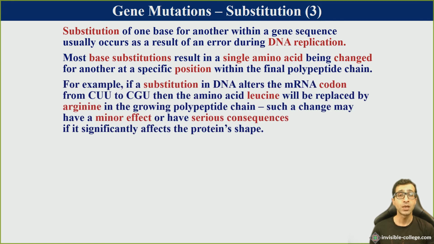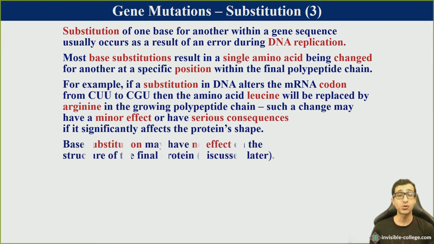For example, if a substitution in DNA alters the mRNA codon from CUU to CGU, then the amino acid leucine will be replaced by arginine in the primary structure of the polypeptide chain. This kind of change can have a minor effect or can have serious consequences if it significantly affects the protein's shape. Base substitutions may also have no effect on the structure of the final protein, and we will talk about that in a bit more detail later.